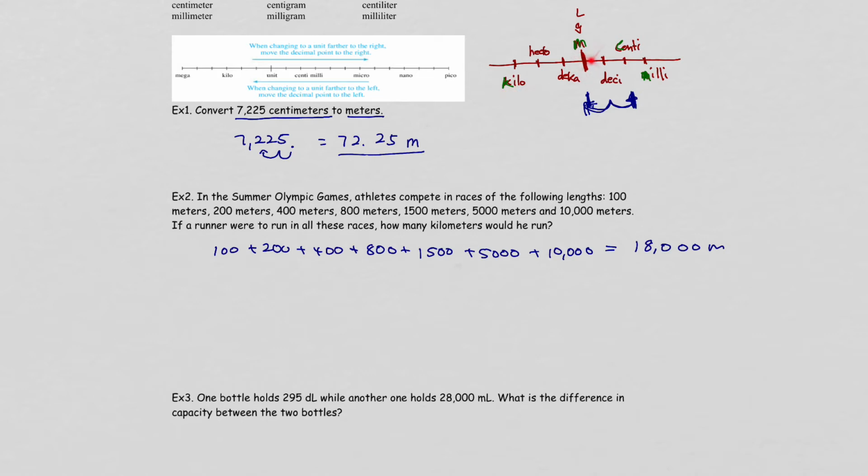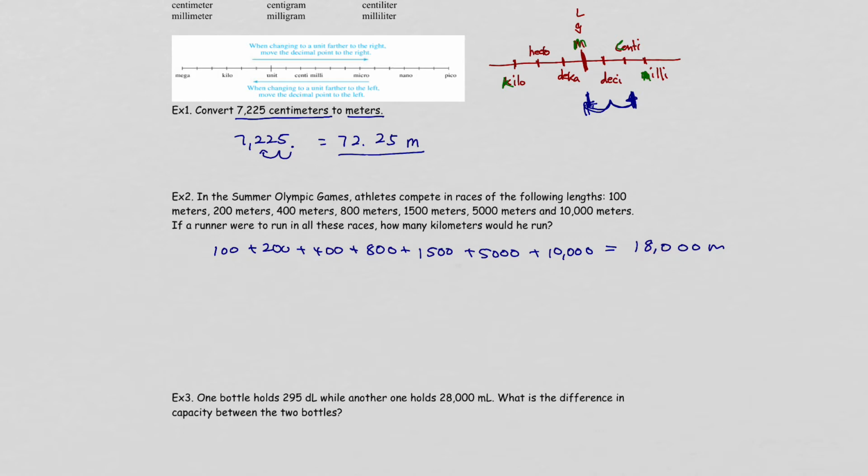In order to go from meter to kilometer, you're moving 1, 2, 3 units, right? Again, meter to kilo, 1, 2, 3. So your decimal, which is right after the ones place, after the third zero, moves toward the left 3 times, 1, 2, 3.